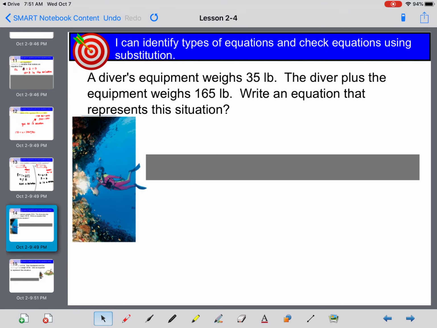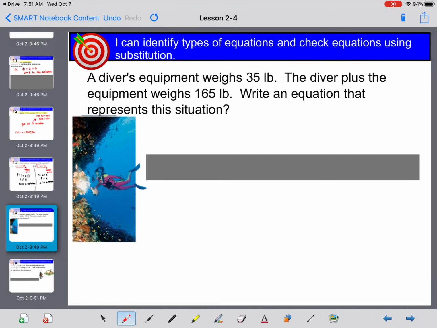Anytime you're dealing with a word problem, we always read it 2 times because it gives your brain a chance to really think about and put together what's happening in the problem. A diver's equipment weighs 35 pounds. That's his backpack or his oxygen tank and all of that stuff. The diver plus the equipment weighs 165 pounds. Write an equation that represents the situation.